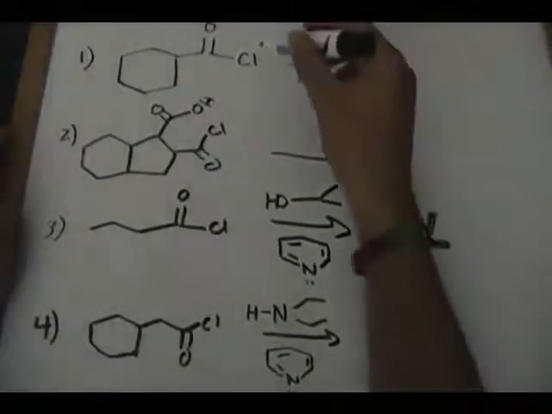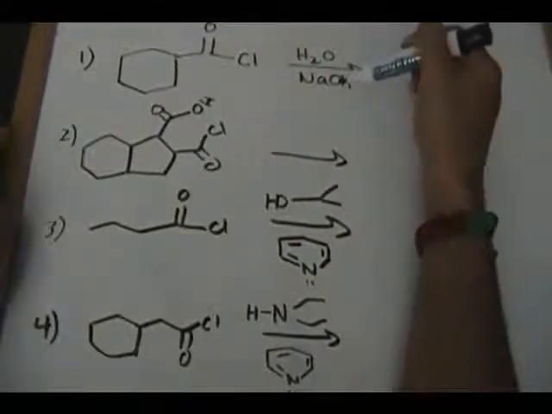So the first problem is, again, in chronological order as I discussed it in the first part. The first reaction was an acid chloride with water, the same example I'm going to do here. I'm going to go through this fast. Acid chloride with water under basic conditions.